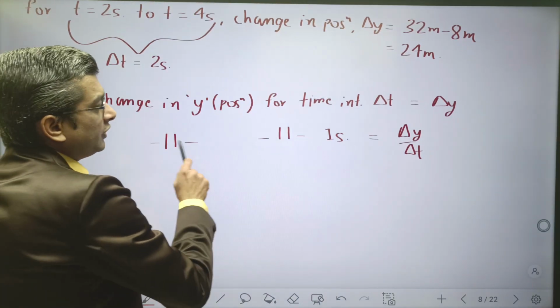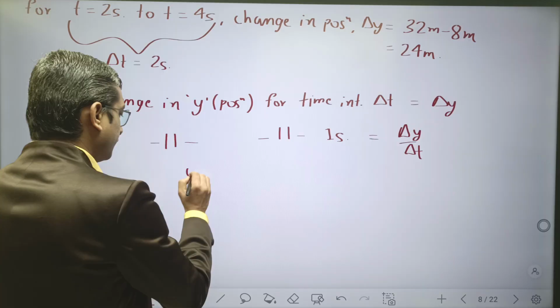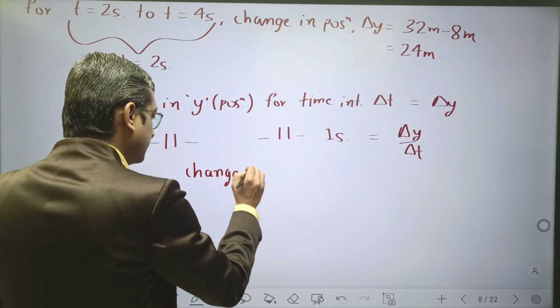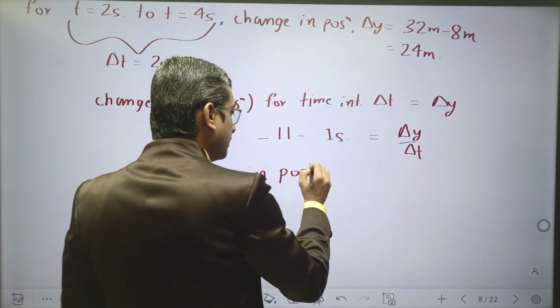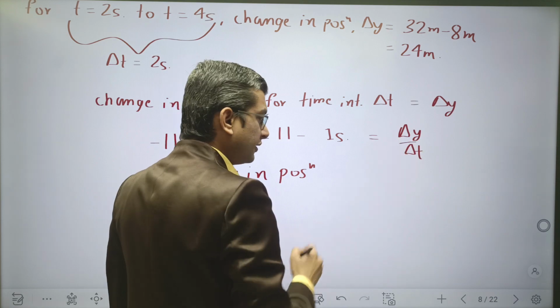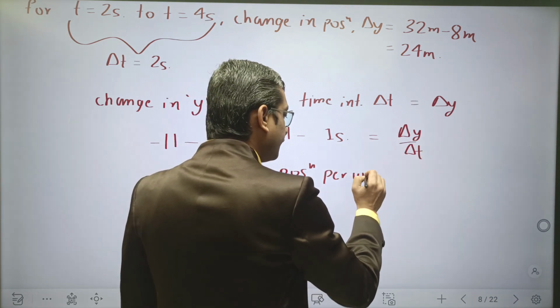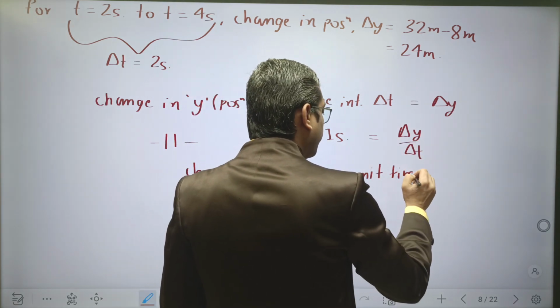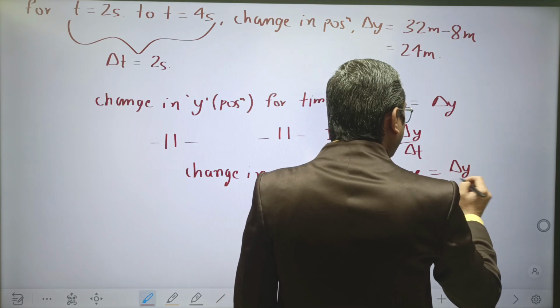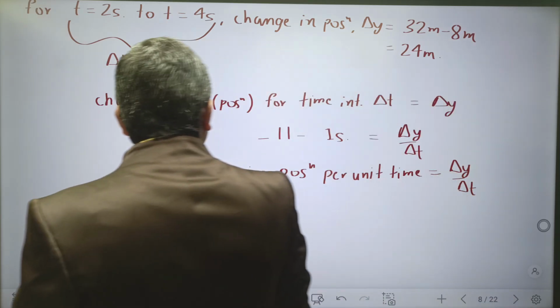And what is this? This is the change in position in 1 second, delta y by delta t. This can also be written as change in position per unit time is delta y by delta t.